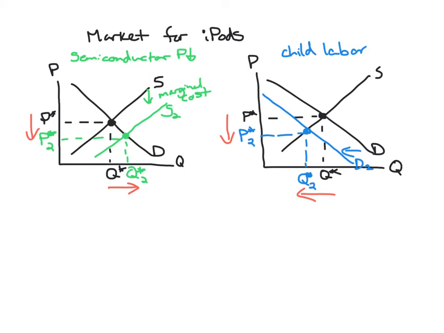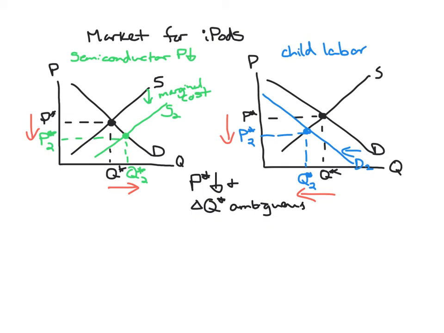We would say it's ambiguous, right? So overall, the change in price is a decrease, so P star falls, but the change in the quantity in equilibrium is ambiguous. We can't tell for sure unless we have more information on which effect dominates.